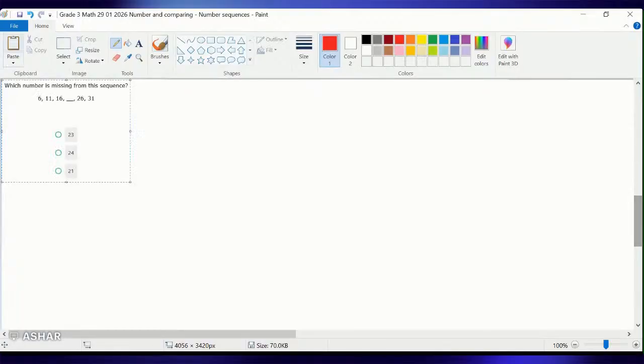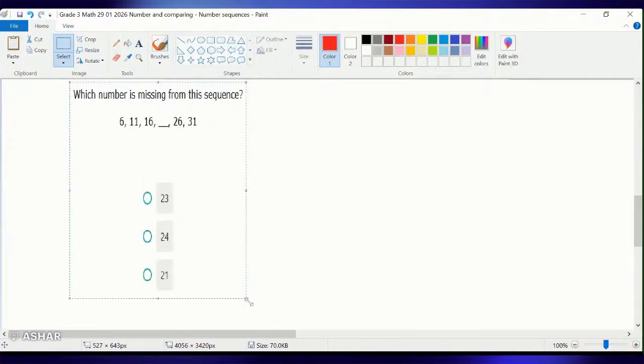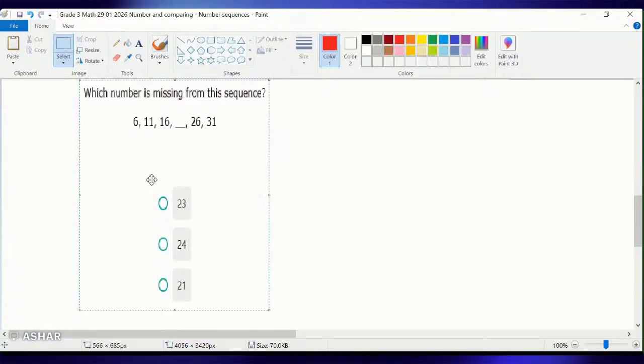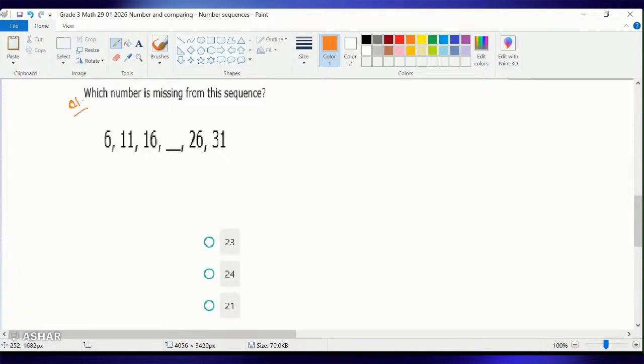This is the first question that is given to us, question number 1 from the test. And these are the numbers in the sequence. So let's try to find what should be the answer. Option A, B, or C.